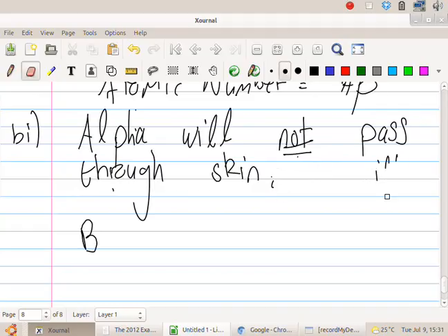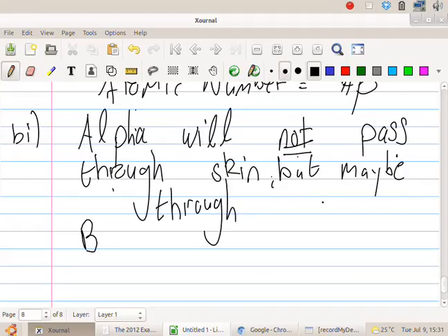Let's just say it will not pass through skin, but maybe through tracing paper. You know tracing paper? It's what kids use when they want to copy something. They put it on top and then they draw it.